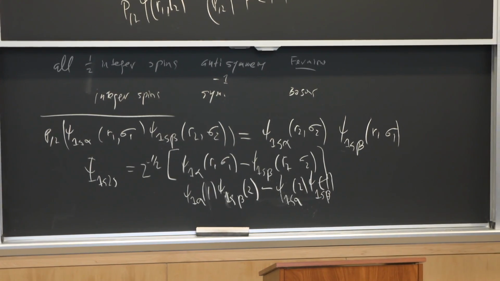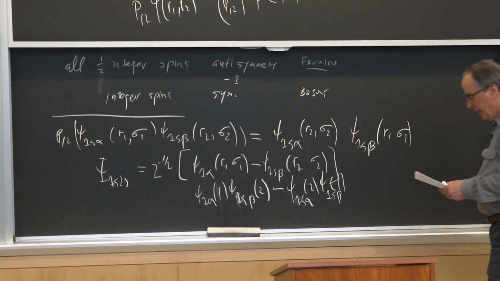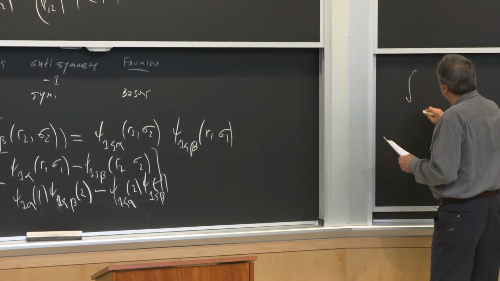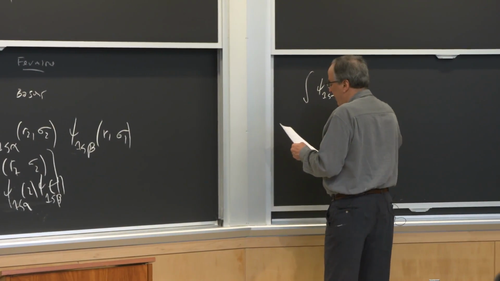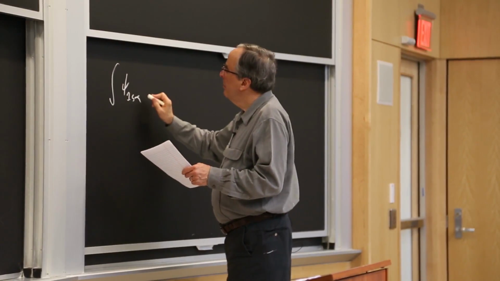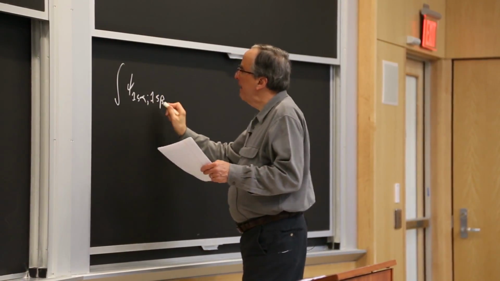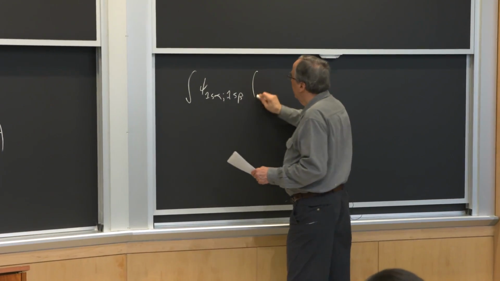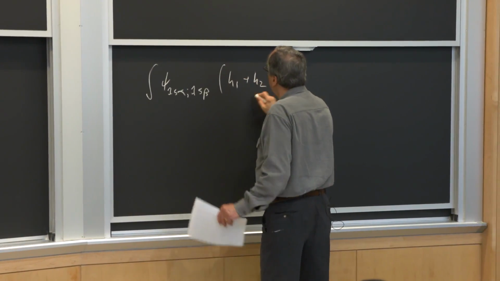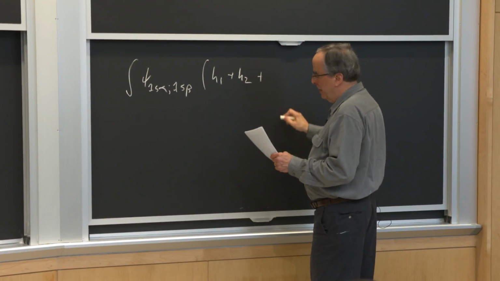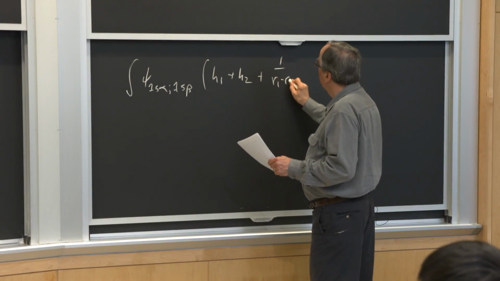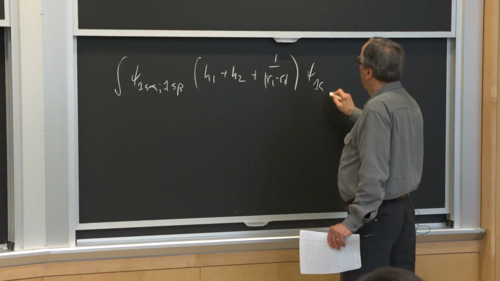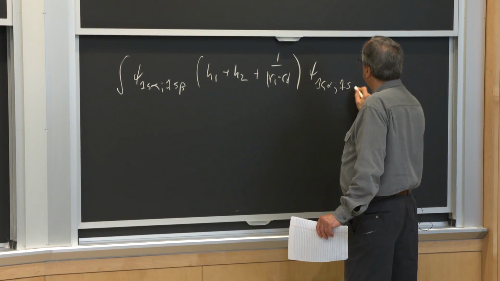Okay, so now we know what to do, and we can calculate the matrix elements, psi 1s alpha, 1s beta. This is the antisymmetrized product of two electrons. Matrix element for the Hamiltonian 1 plus 1 over R1 minus R2 by 1s alpha, 1s beta.